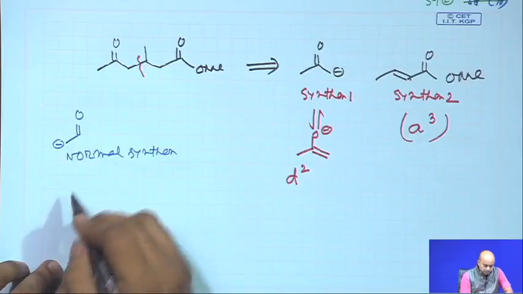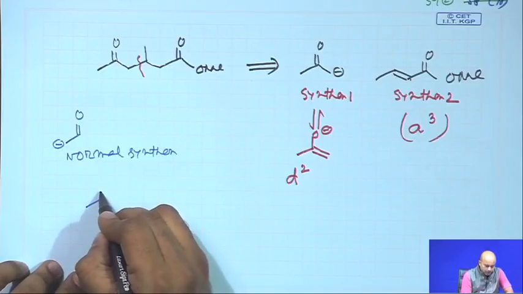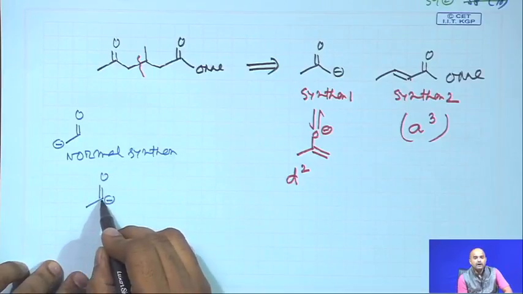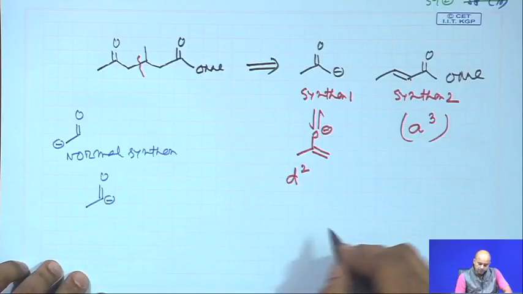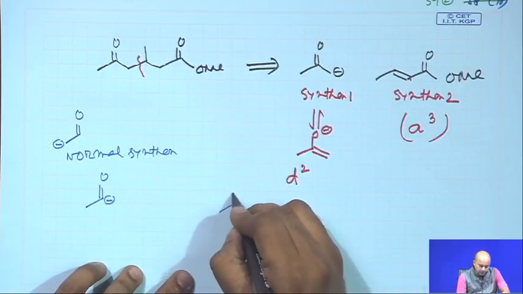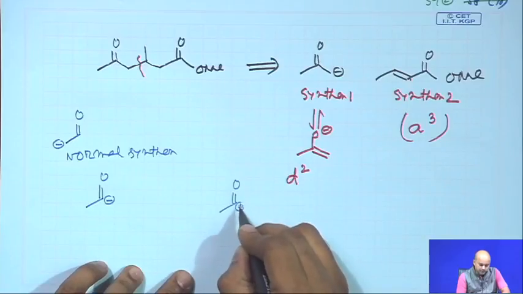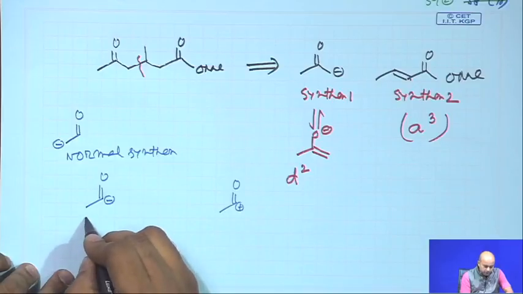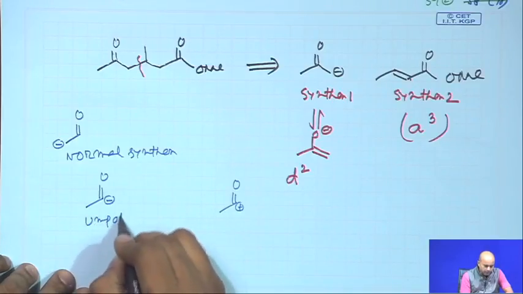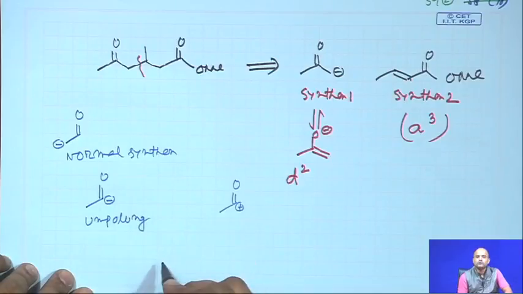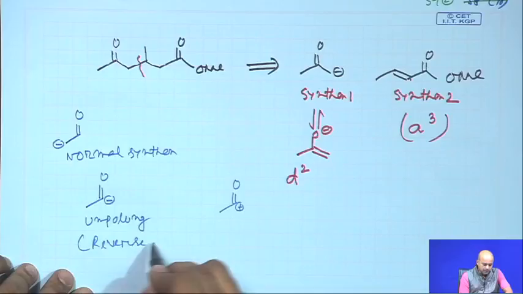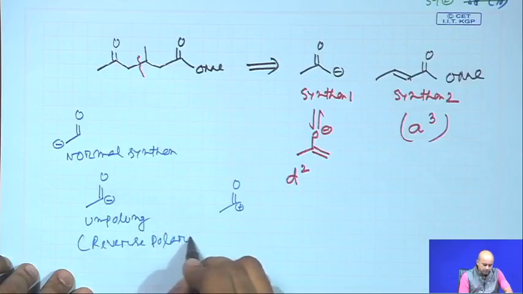Now, if you have a synthon like this, where the negative charge resides on carbon, normally carbon does not prefer this kind of charge; it always prefers the charge on oxygen, because oxygen is more electronegative. This kind of synthon, as probably all of you know, is referred to as an Umpolung synthon, or reverse polarity, where the polarity has been reversed.